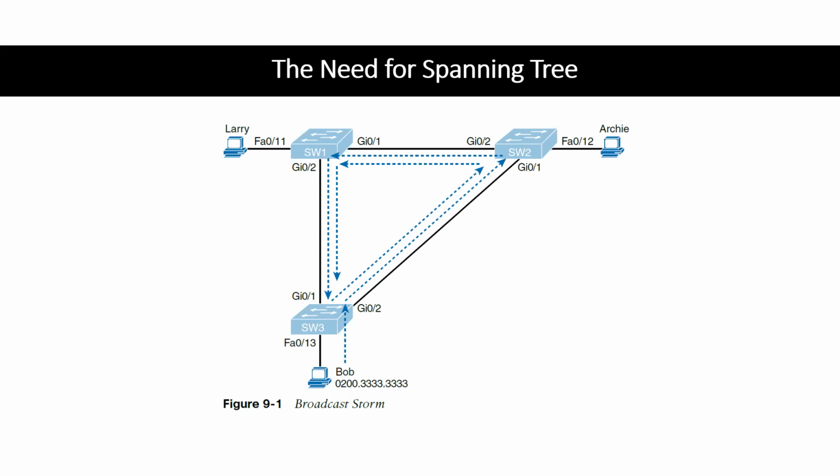But spanning tree is not enabled in this topology. And so we spoke about unknown unicast broadcast. What happens is, if a switch does not know where a MAC address sits, it's going to flood, it's going to send that frame to all hosts within a local area network, or broadcast domain, VLAN.